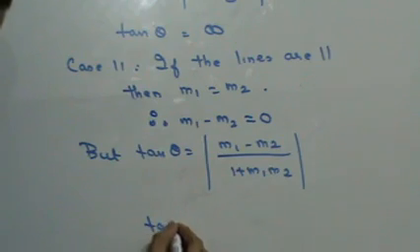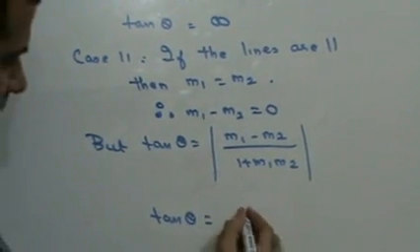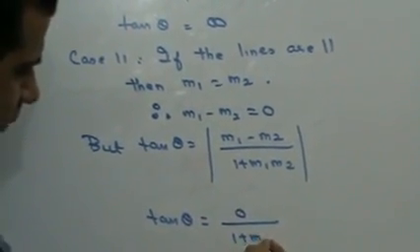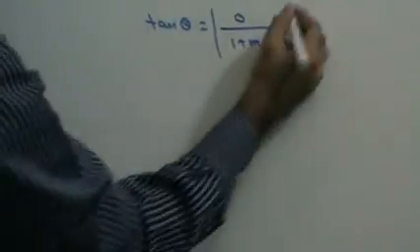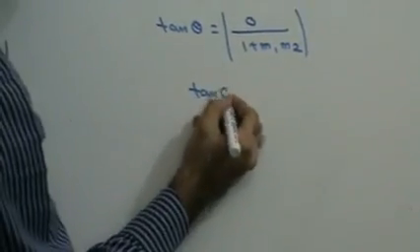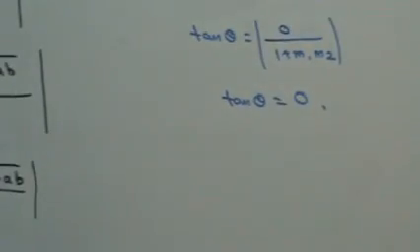So tan theta is going to be 0 upon 1 plus m1 m2. Therefore, tan theta will be equal to 0. Right? Do we get this clear?